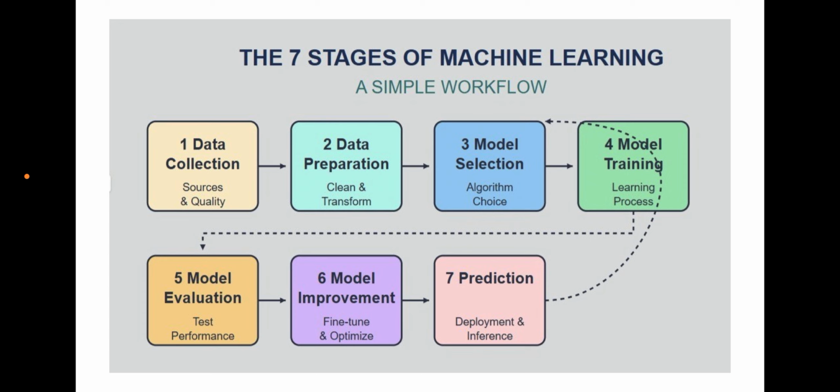The next one is model selection. Model selection is one important step in the process of machine learning. It completely depends on the output that we are expecting from the data.